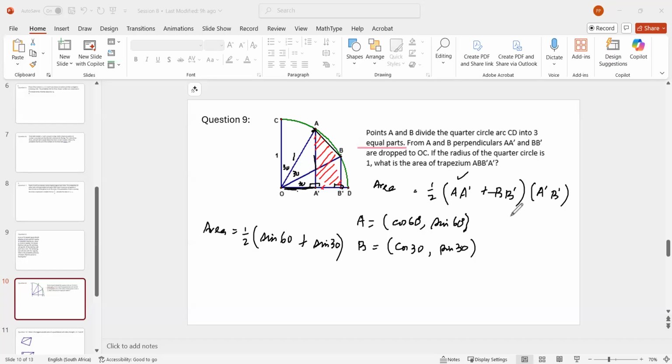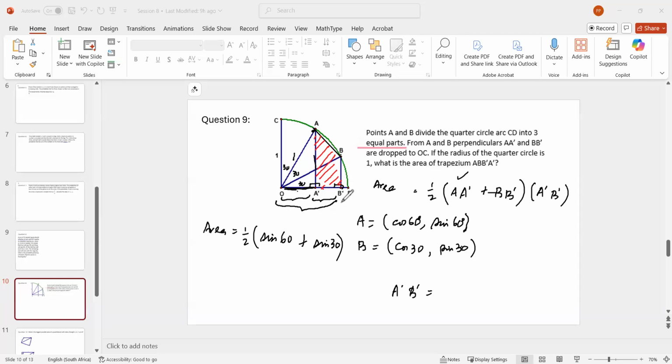And then you're going to multiply this by A prime B prime. Let's just write down A prime B prime here. Now A prime B prime is that one. Now that is not the y coordinate of anything or x coordinate, but it certainly is that length minus that length. And this length here is the x coordinate of B, see?